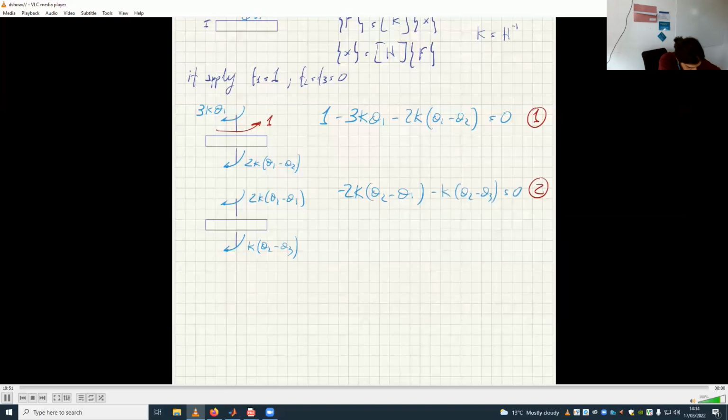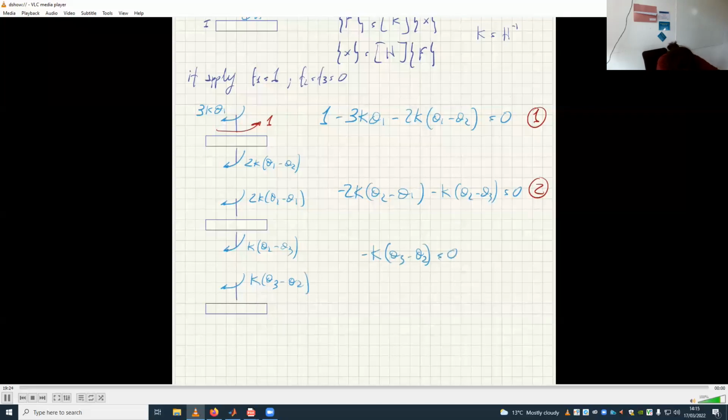And my last equation is this one. But here I don't have anything at the bottom, and this is not 2k, it's just k (θ3 minus θ2). So this is the only force acting here, so that force must be 0. So minus k (θ3 minus θ2) equals 0.